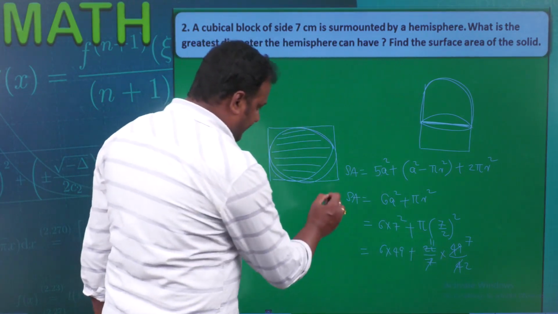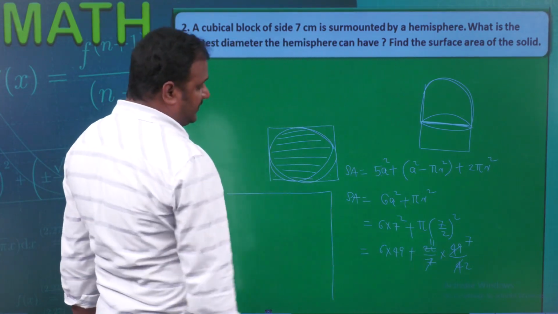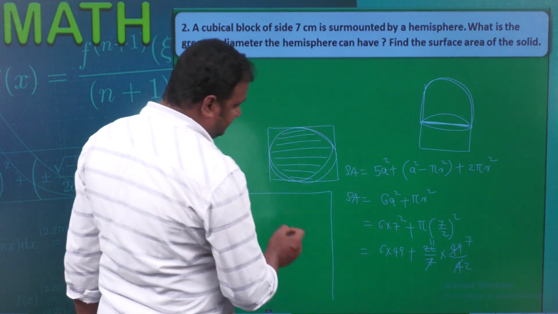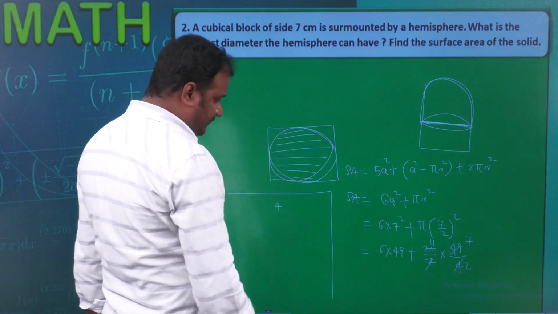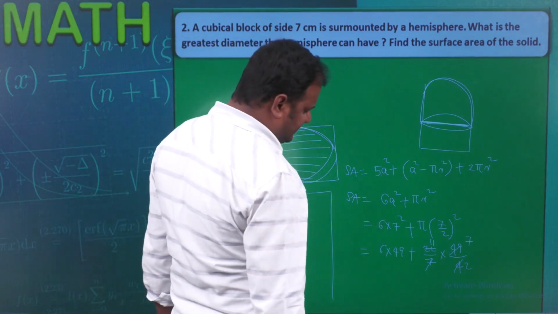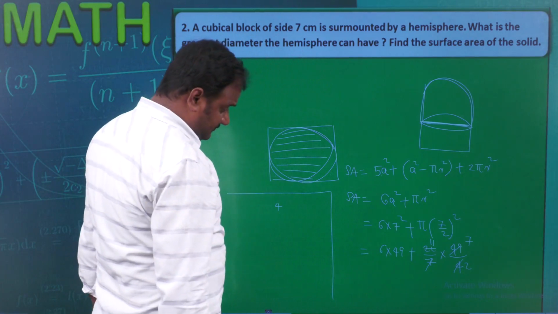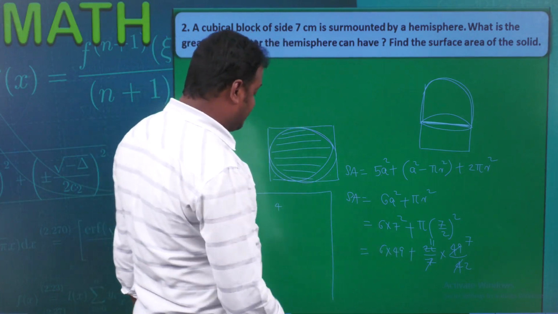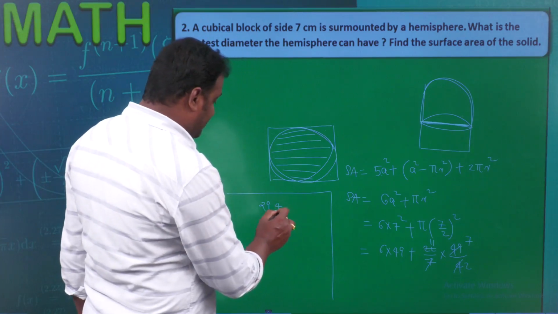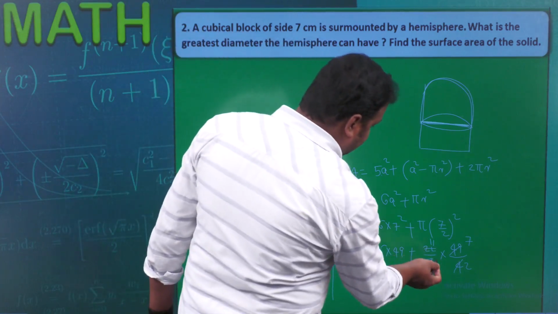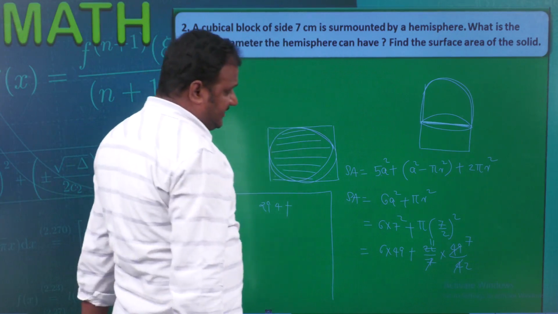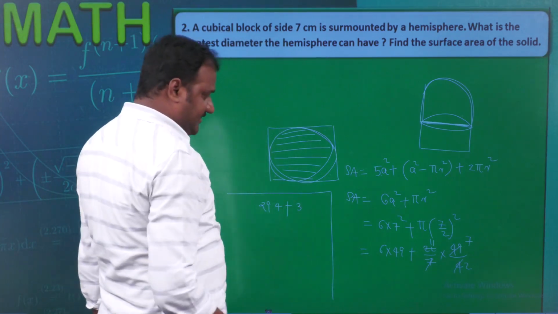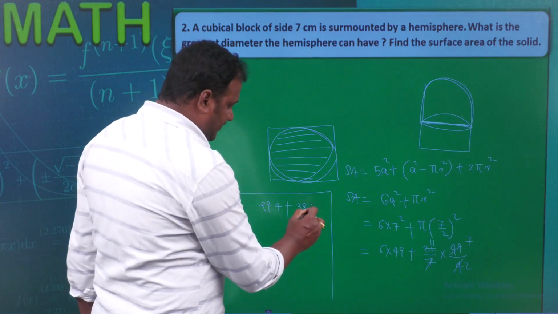So finally what do you get? 6 into 49 is going to be, 6 9s are 54, 4 carry 5, 6 4s are 24 plus 5 is equal to 294. Plus, coming to this, 11 into 7 is equal to 77. 77 by 2 is 38.5.